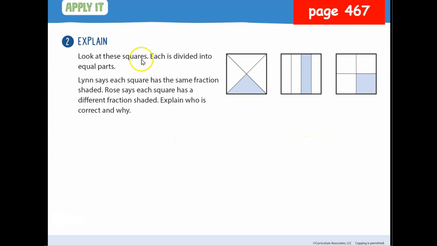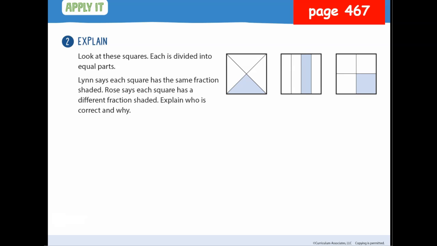It says look at the squares. Each is divided into equal parts. Lynn says each square has the same fraction shaded. Rose says each square has a different fraction shaded. Who is correct? What do you guys think? Who's correct? Rami?